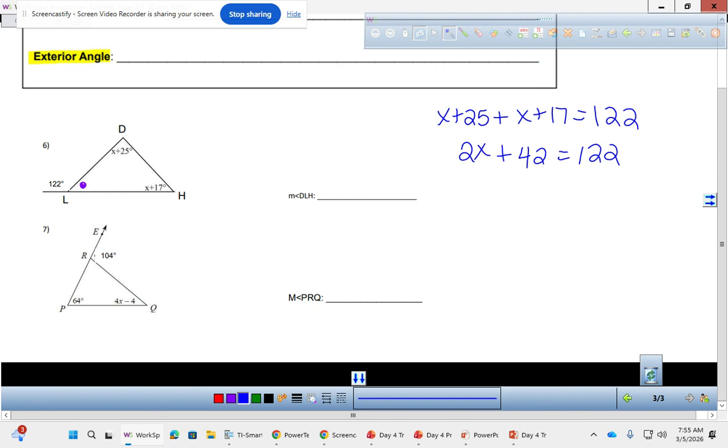All right, and now I'm just going to work to get x alone. So I'm going to subtract 42. Divide by 2. X equals 40. Now the question doesn't say find x though. It says find DLH. So let's think about what that means.